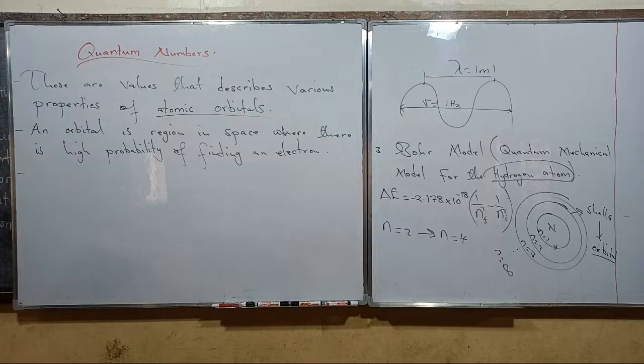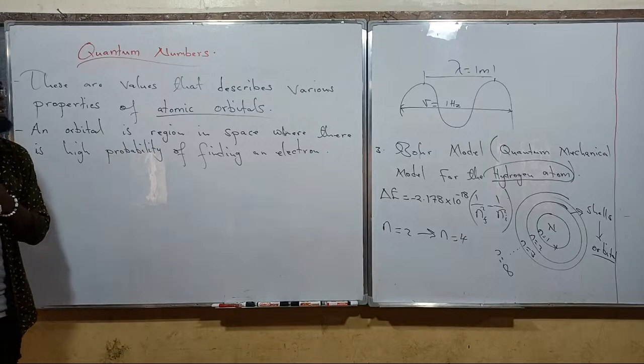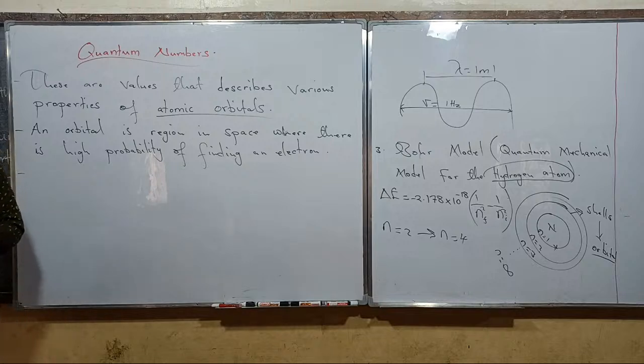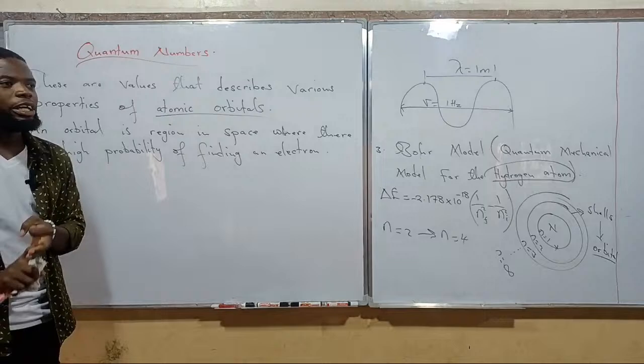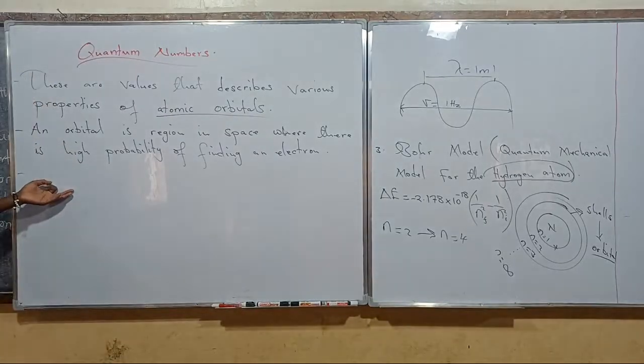Now, what you need to know about these quantum numbers is that we essentially have 4 quantum numbers. The first 3 quantum numbers specify the size, the shape, and the orientation of an orbital in space.